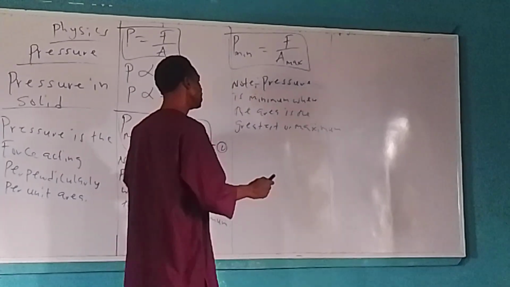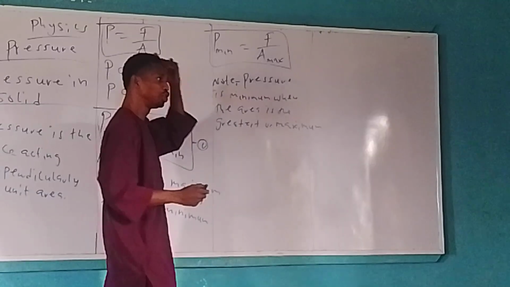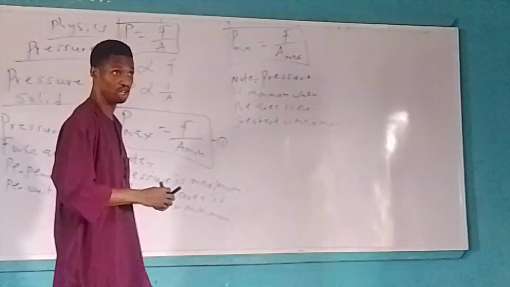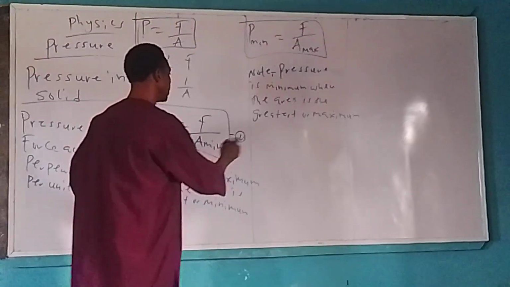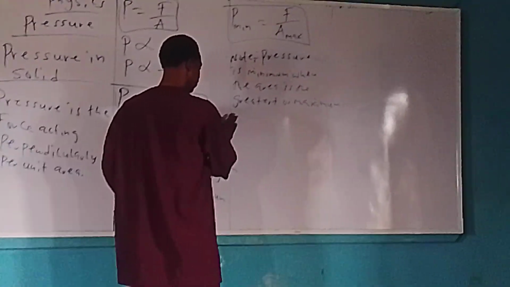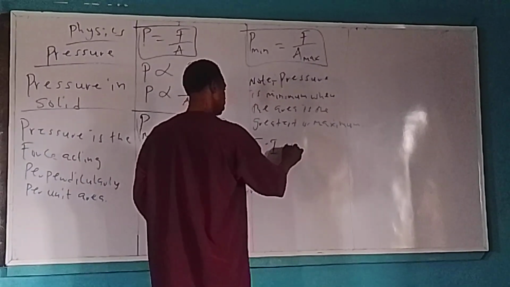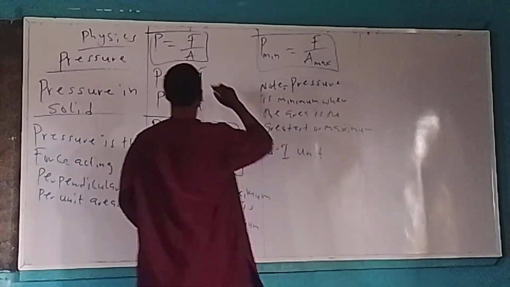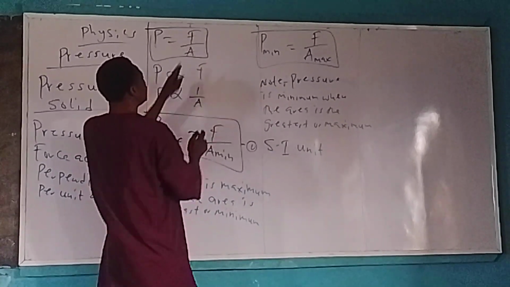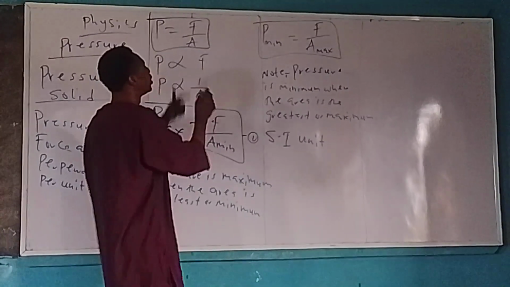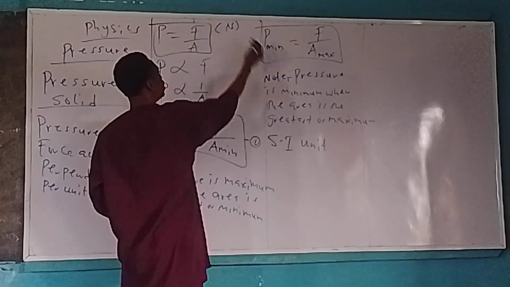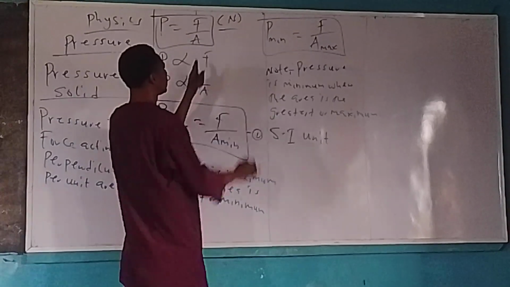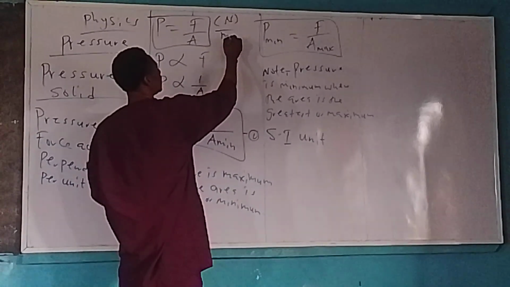In this case, let's check the unit for pressure. Now, the SI unit. This is force, and force is in Newton, and area is in meter square.